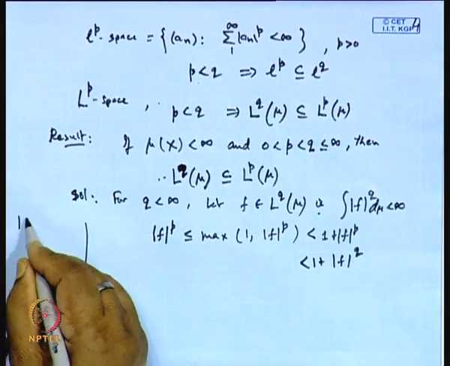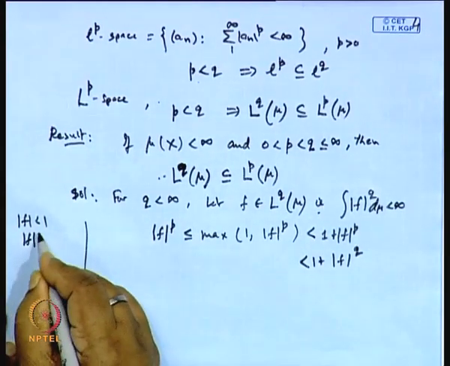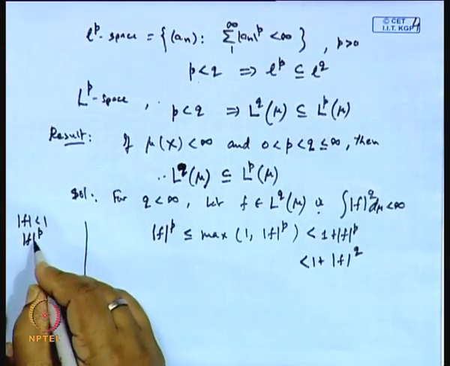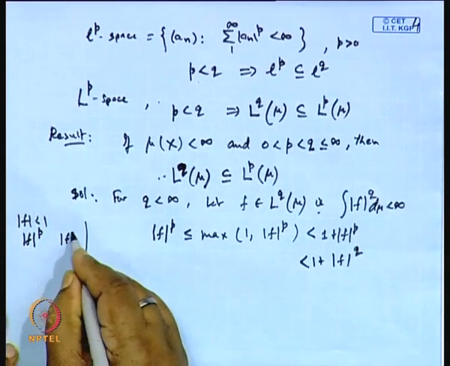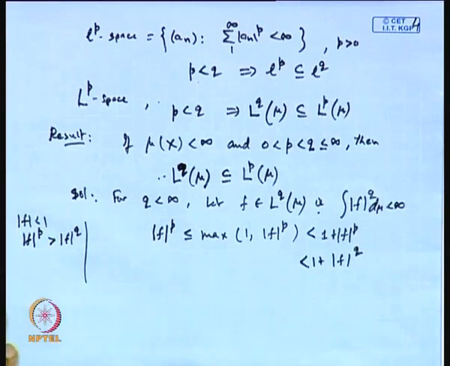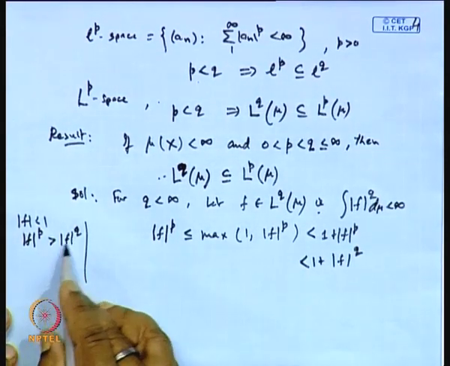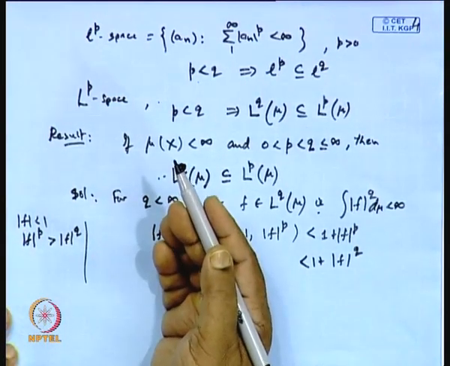If |f| is less than 1, then we get |f|^p and |f|^q. If p is less than q, then the order reverses, because the inequality reverses.